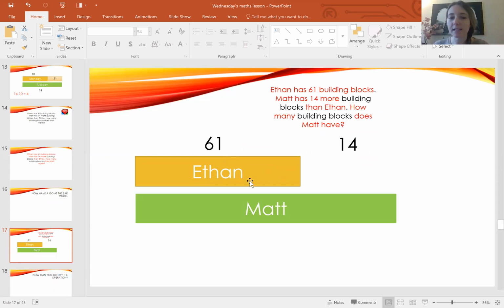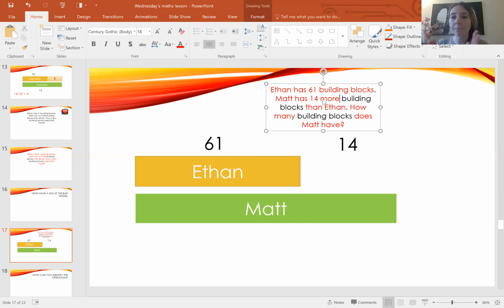Sometimes we can represent it in different ways, but as long as it shows one bar that is Ethan and another bar that is longer that is Matt, because we know that Matt has more. So Matt's bar has got to be longer.